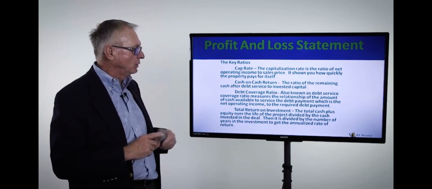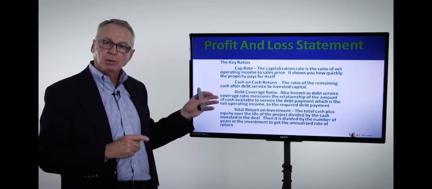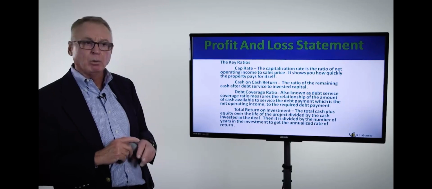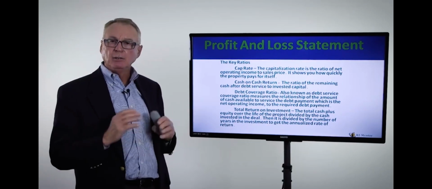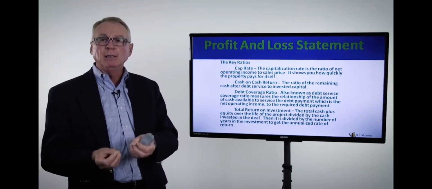In most loans today, when you're buying an investment, the lender's looking for a 1.25 or a 1.30 in some cases. So you want to make sure that the lender, in order for them to lend, is going to make sure that you have plenty of money to pay them.